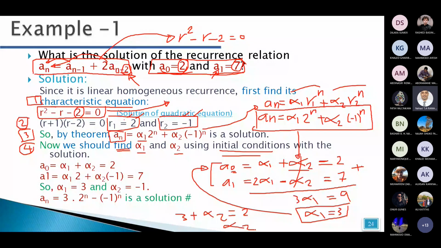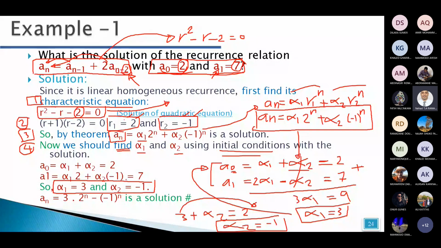So, alpha 2 equal -1. Why -1? Because this plus will go to the other side as minus. So 2 minus 3, it becomes minus 1. So we get the value of alpha 1 and alpha 2.